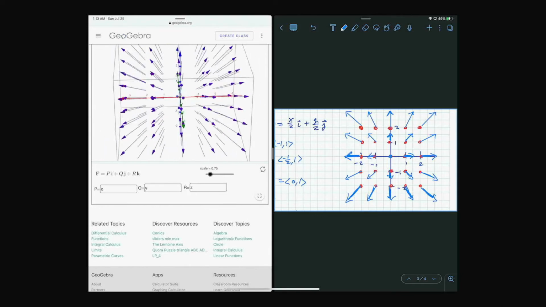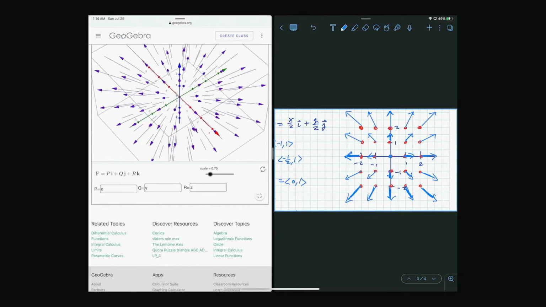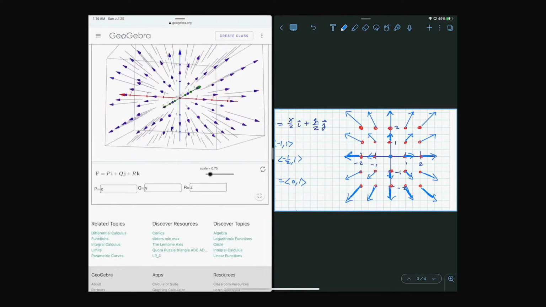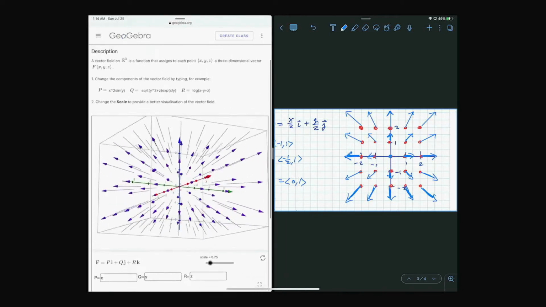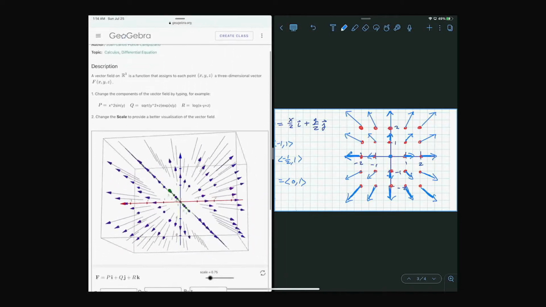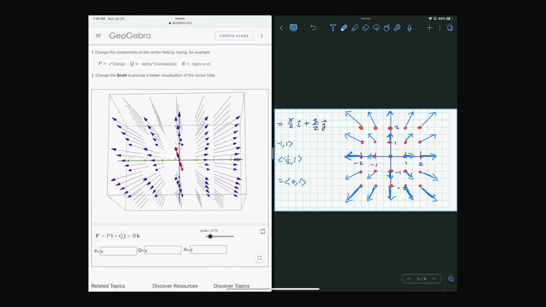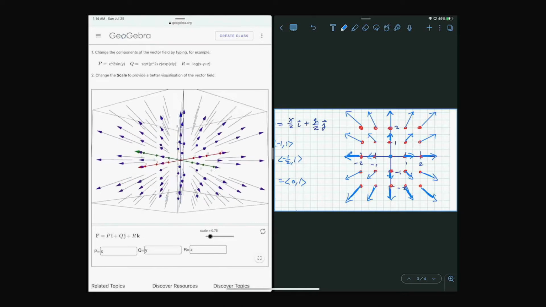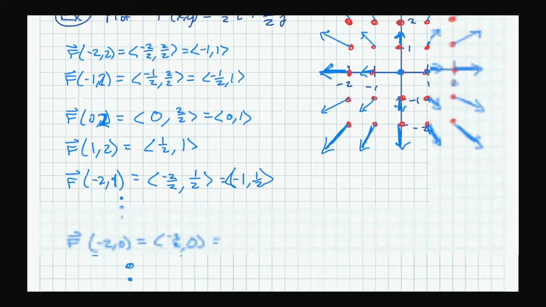Nifty. Now, plotting these in 3D yourself, of course, you're never going to do, pretty much. So you definitely want to find a tool online that will help you do this. This one's really nice on GeoGebra here, right? Where you can get a plot, and can just type in your functions for P, Q, and R. There you go. Yeah, that's nice. So do take advantage of those computing tools for plotting vector fields yourself.